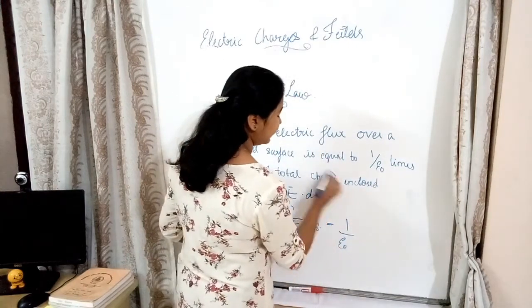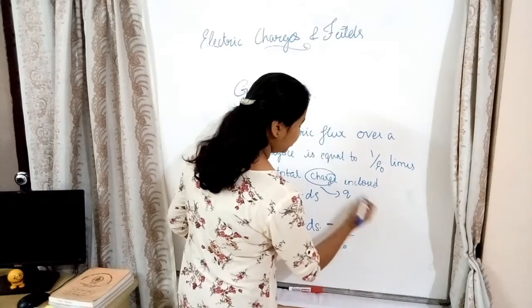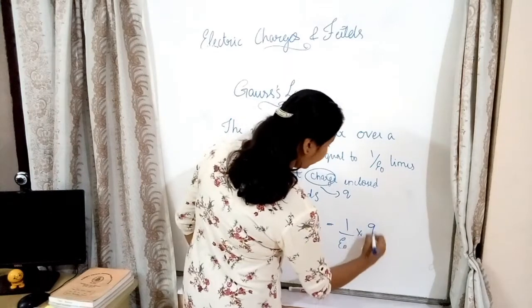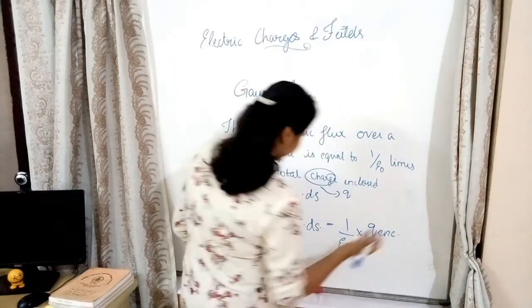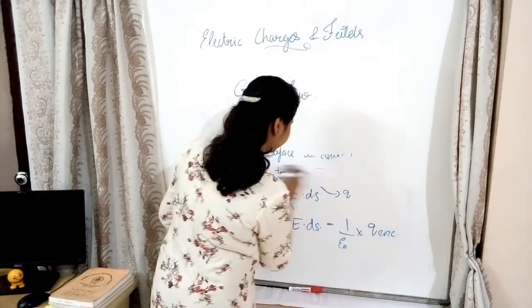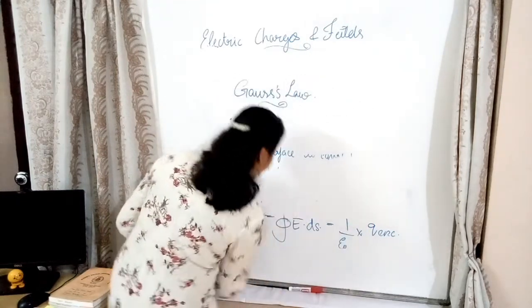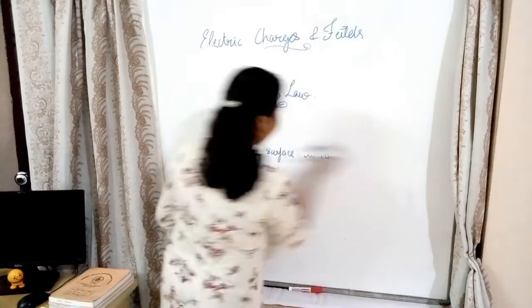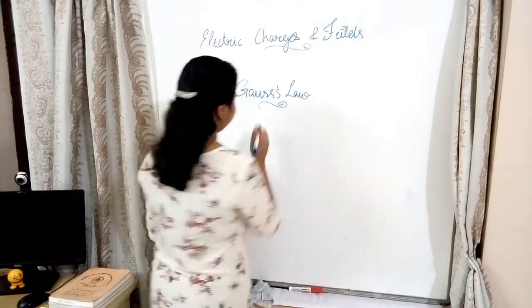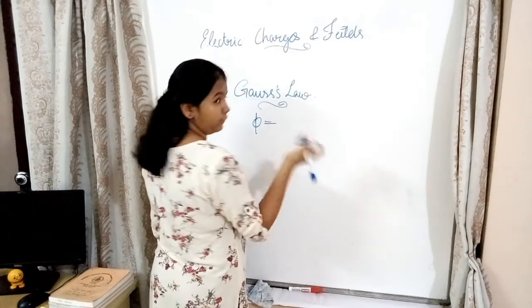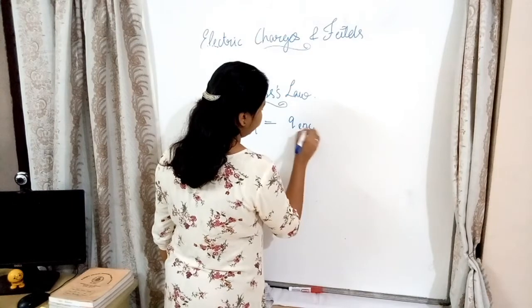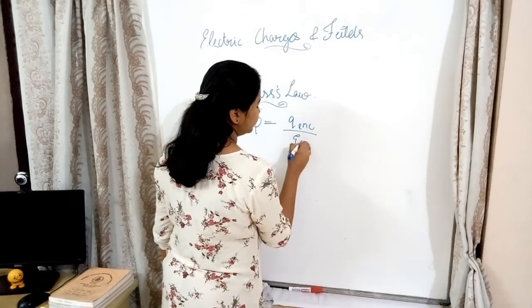Charge is represented by the letter Q. So Gauss's law states phi is equal to Q enclosed by epsilon 0.